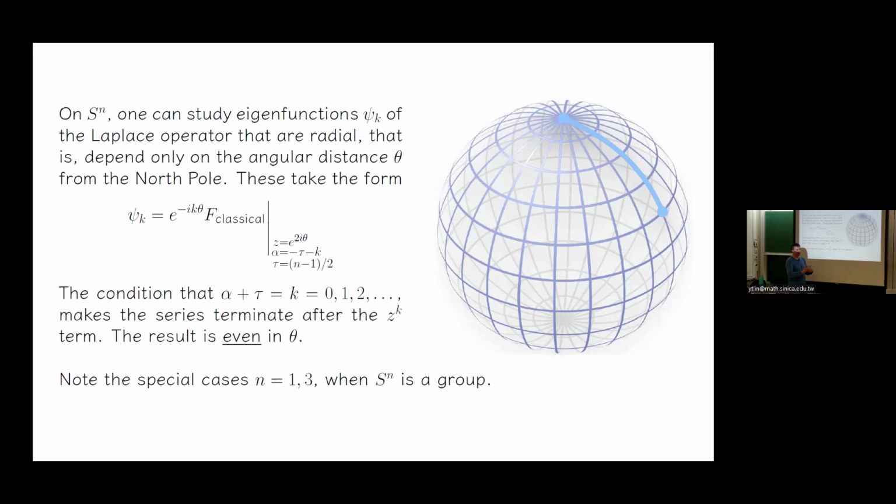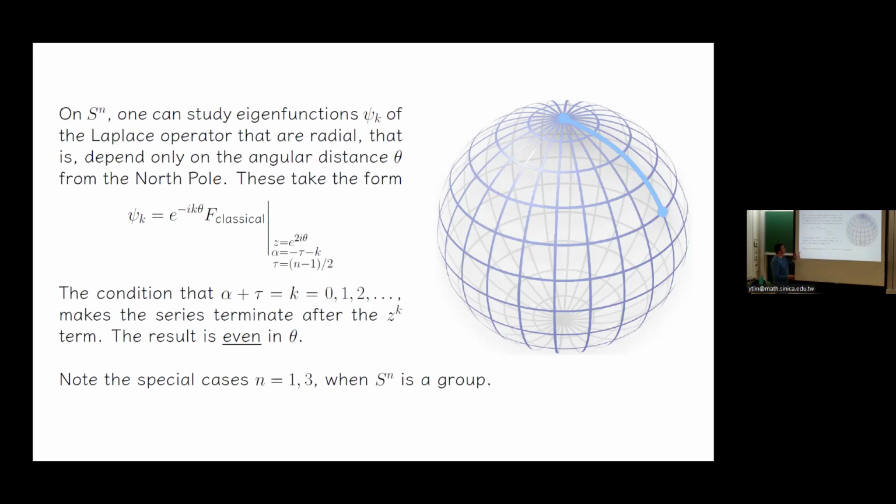So if you want some kind of separation of variables, you probably want to plug in an eigenfunction of the Laplace operator on a sphere. All these eigenfunctions can in fact be expressed via hypergeometric functions, but the ones we want to study right now are the ones that depend only on the distance from the North Pole. The distance is convenient to measure as an angle, maybe call it theta, that goes from 0 to pi.